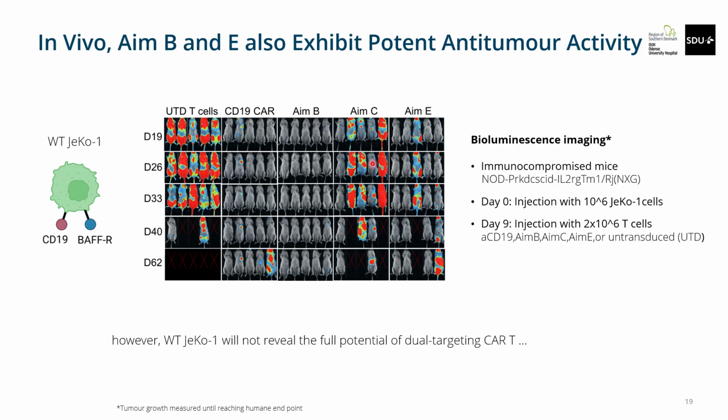It's not able to control the spread of the tumor very well, whereas E is kind of an in-between intermediate result. So here we are performing the experiment with the wild-type Jeko cells, but what we're really trying to get to is, of course, how they perform in the situation where you have antigen loss, antigen escape, and so this was performed in the next experiment.